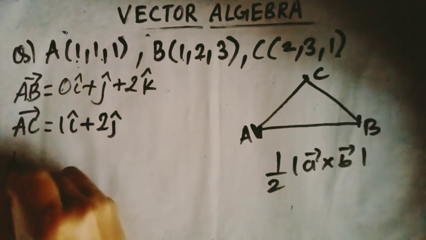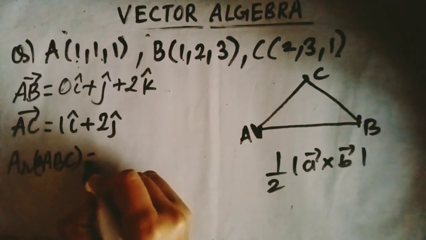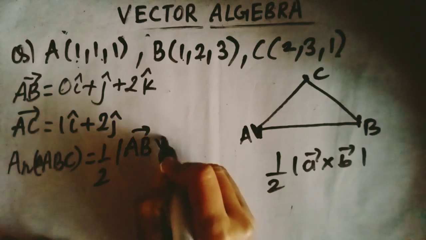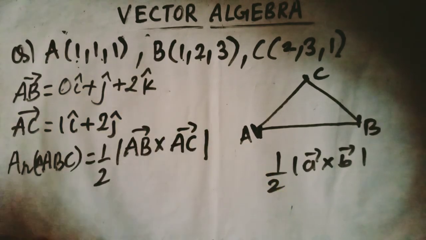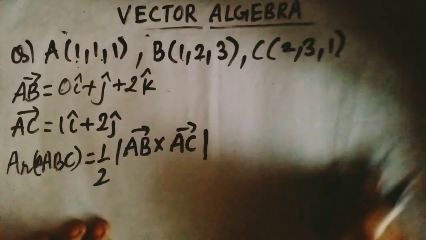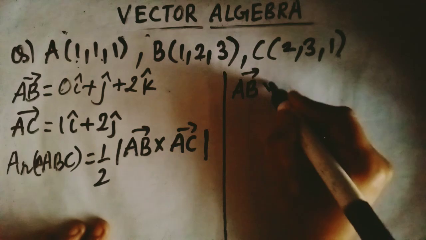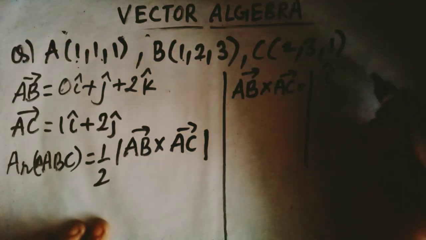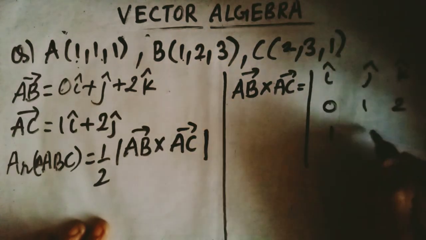Now I'll write area of triangle ABC. So half into AB vector cross with AC vector. Okay, so AB cross AC you have to find. 0, 1, 2, 1, 2, 0.